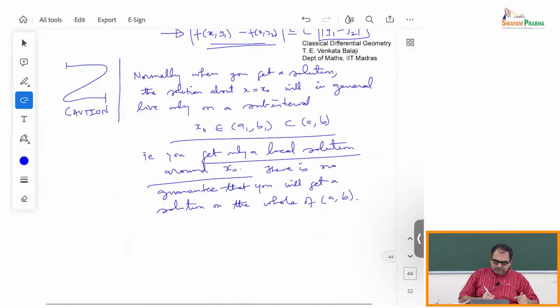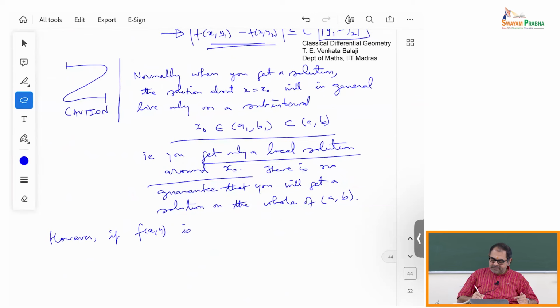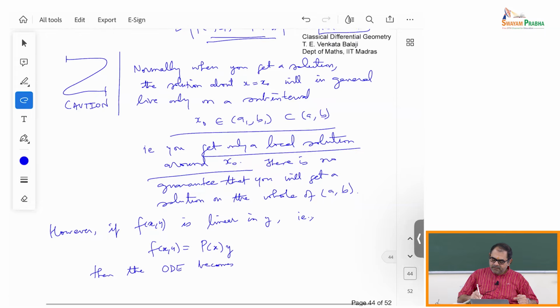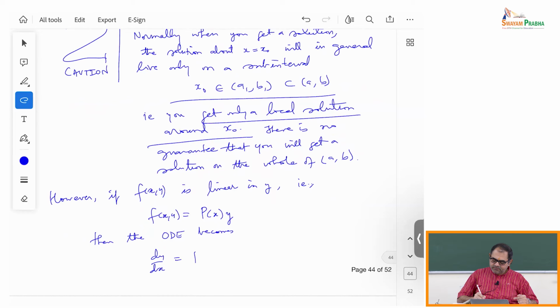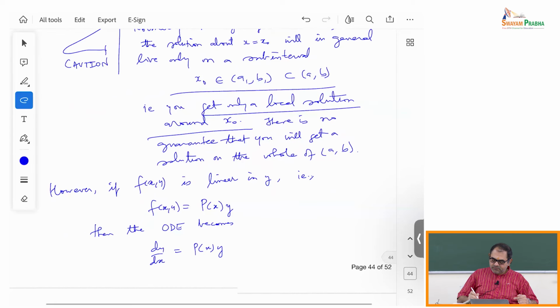However, if f of x comma y is linear in y, that is, f of x comma y is equal to p(x) times y, then the ODE becomes dy by dx is equal to p(x) times y, and you know how to solve it.